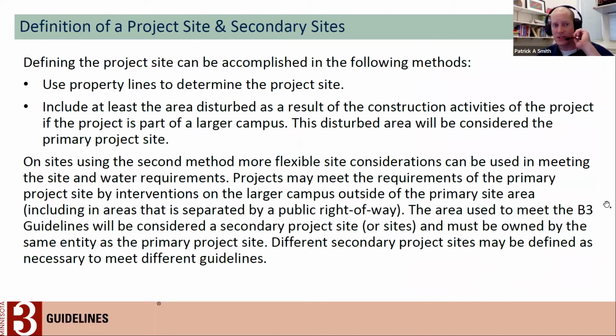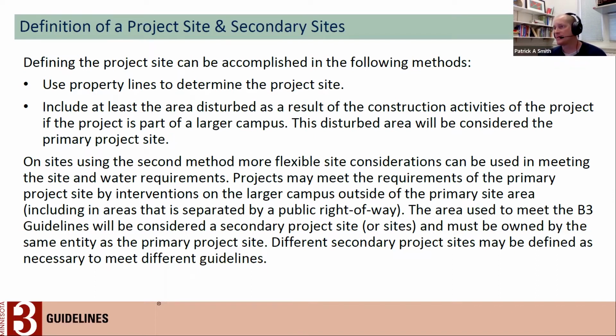Okay, so definition of project site. Much of this was previously noted, but the intent is that there's kind of a couple of different ways that you can establish or define a project site. The first and kind of most straightforward one would be to use the property lines of the site to determine the project site.